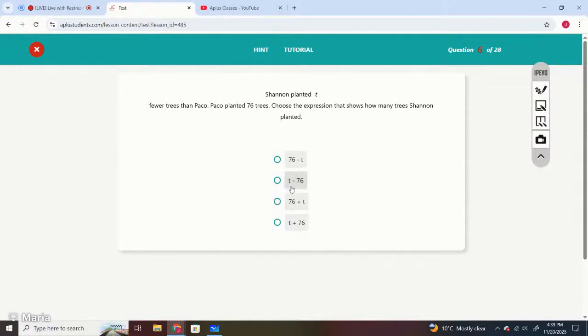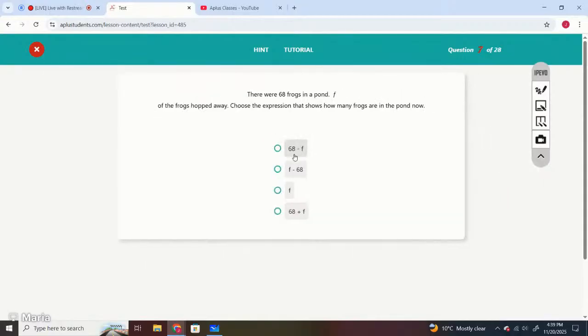Fewer trees than Paco. So that is 76 minus D. Option number 1 is the correct option. Okay, you can complete the lesson by yourself later today.